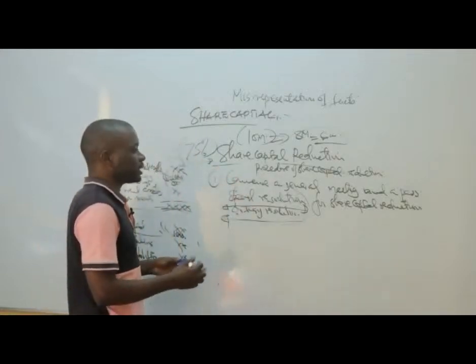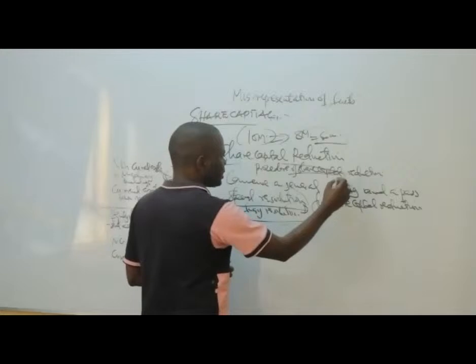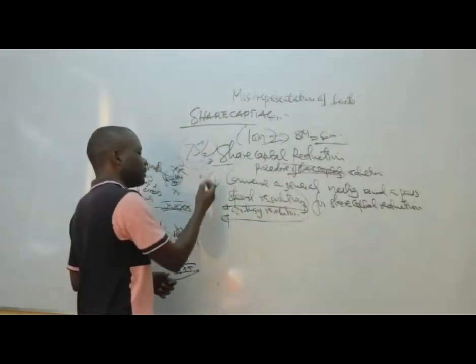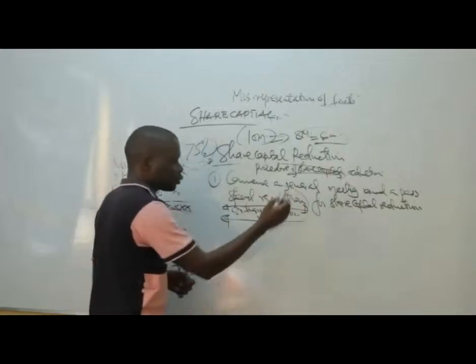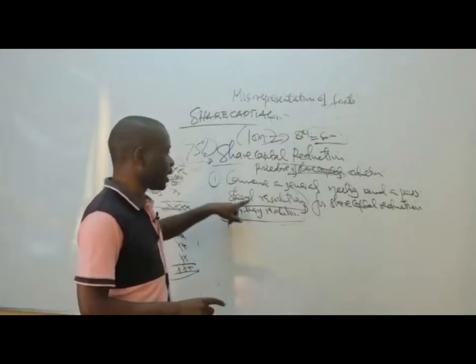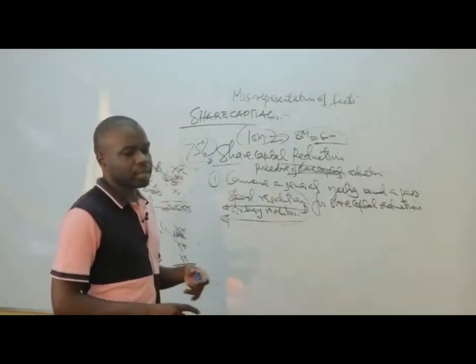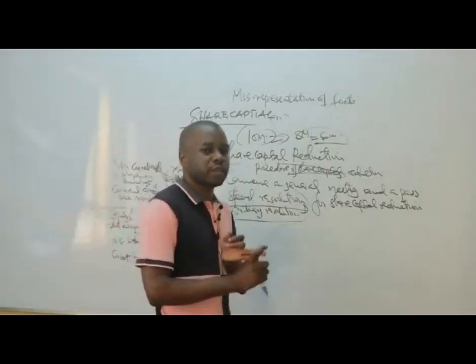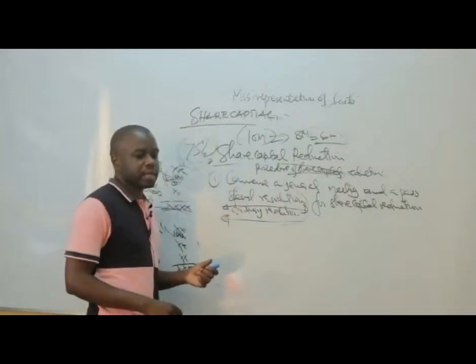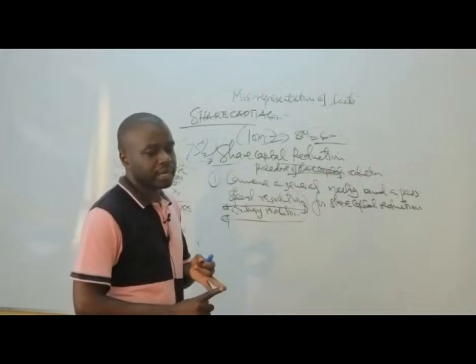But for things like share capital reduction, since they are very crucial, they must be approved by a supermajority or a special resolution. Other things, like change of articles or change of name of the company, also require a special resolution. So do mergers and acquisitions.